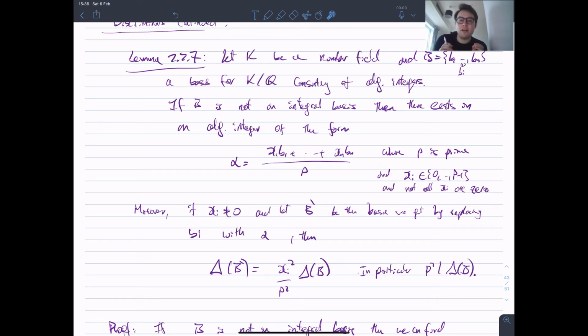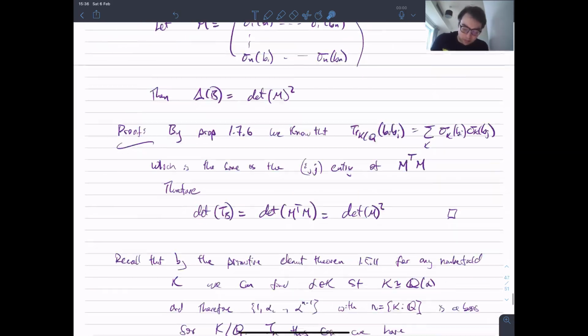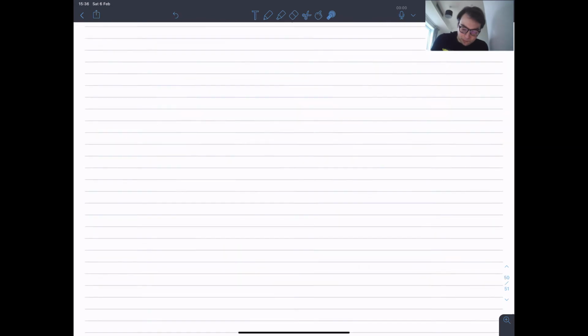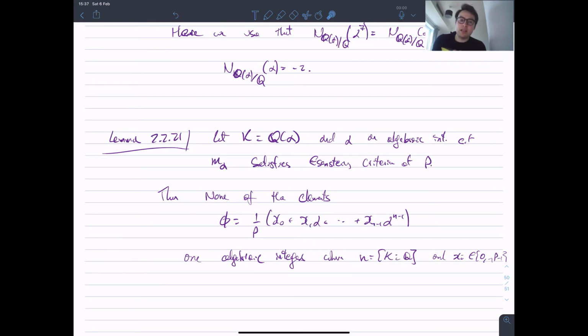It doesn't quite have to be an integral basis, but at least this prime P, whose square is dividing the discriminant, isn't one that you have to worry about. Maybe it's confusing, but we'll do some examples later. But the fact that these elements can't be algebraic integers will be very useful for computing integral bases.